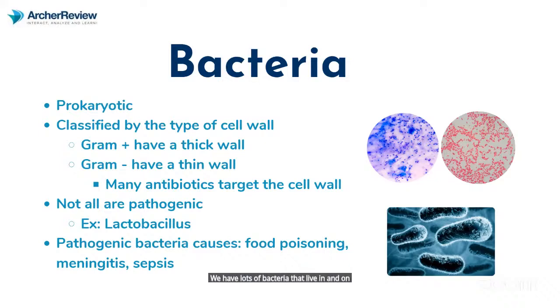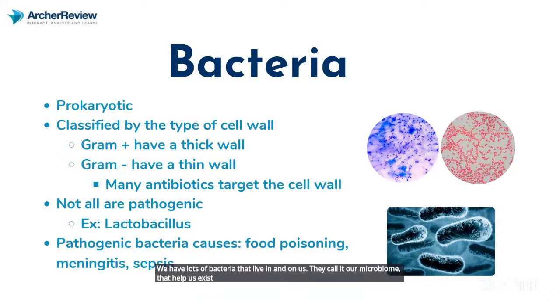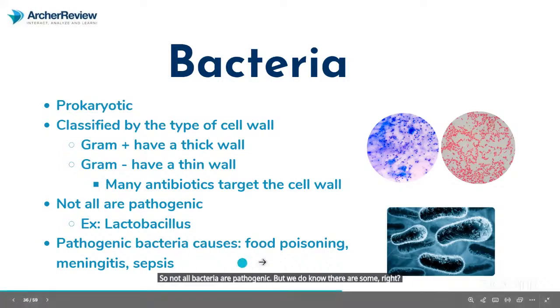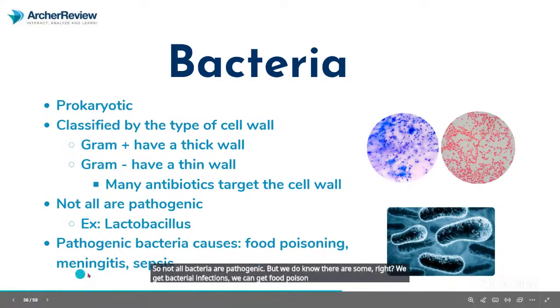They call it our microbiome, that help us exist, help us fight off bad bacteria, help us have a good balance digestively in our system. So not all bacteria are pathogenic. But we do know there are some, right? We get bacterial infections, we can get food poisoning, we can get meningitis, we can get blood poisoning or sepsis. So those are certainly examples of pathogenic bacteria.